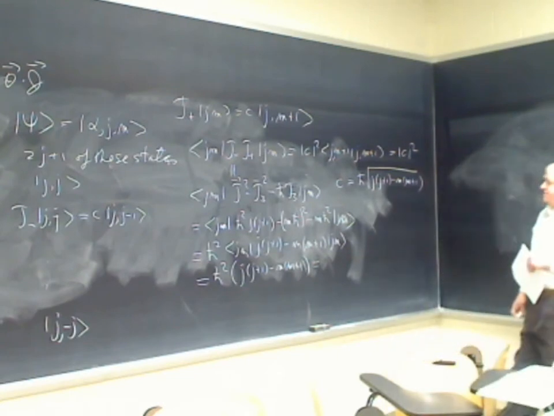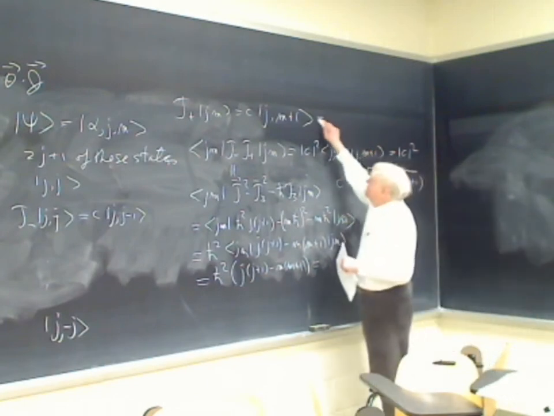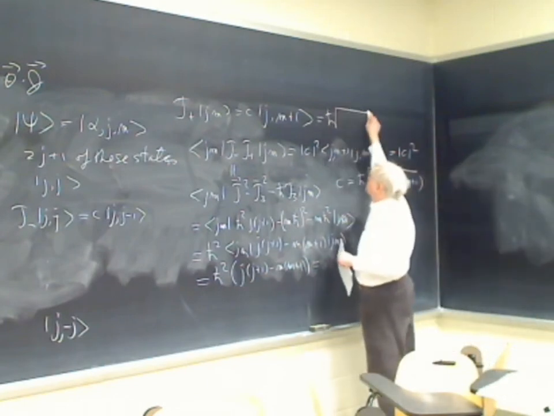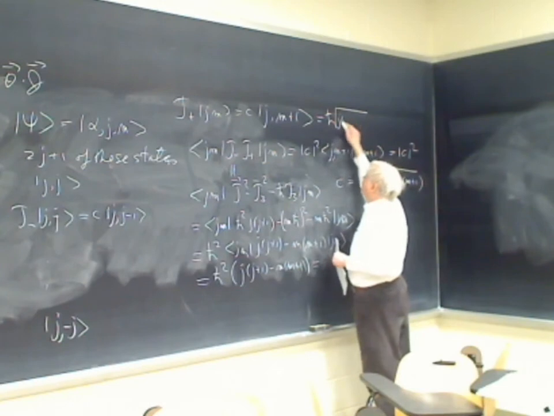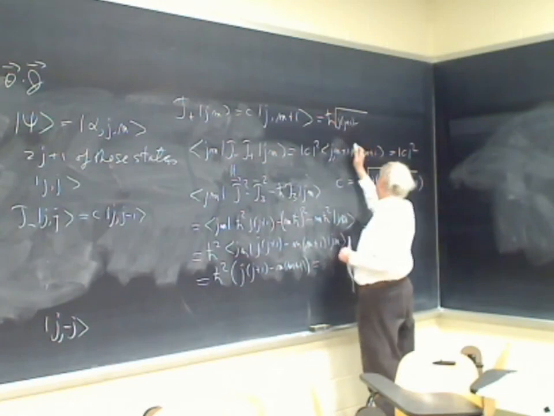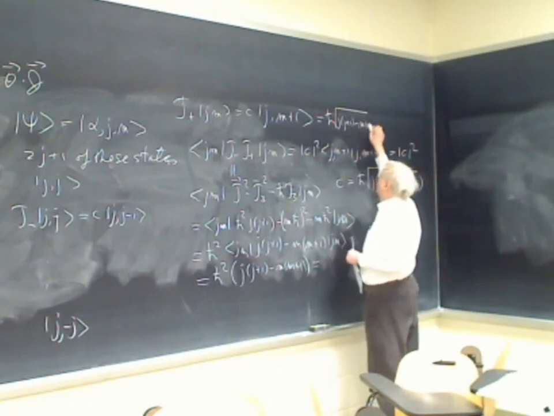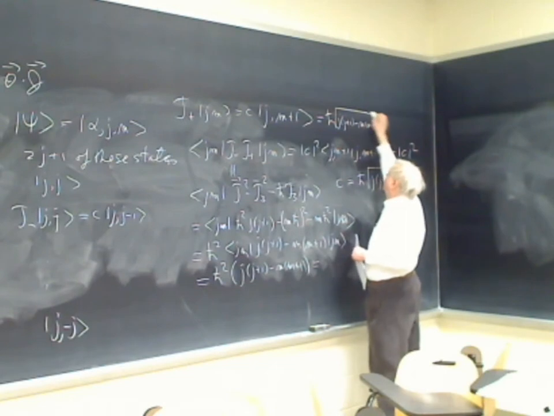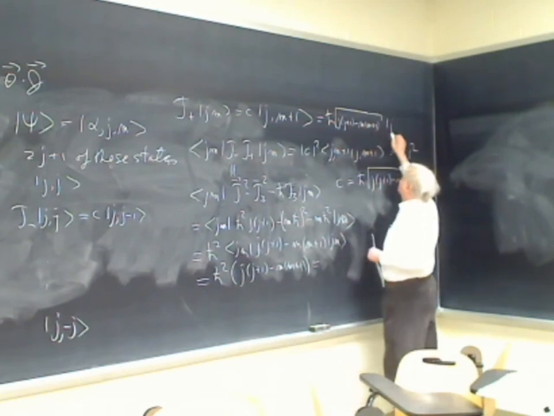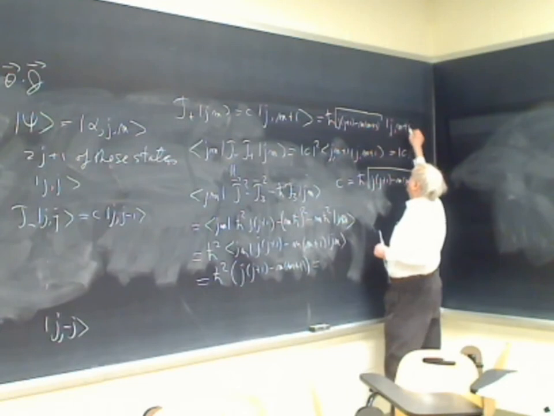Okay, so that's the expression. In other words, J plus |j,m> is equal to h bar square root of j times j plus 1 minus m times m plus 1 times |j, m+1>.